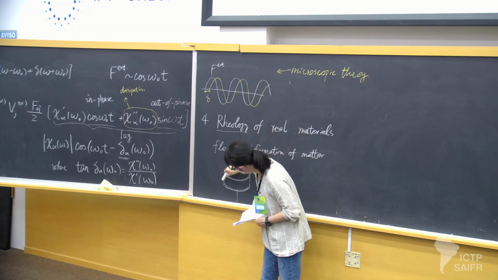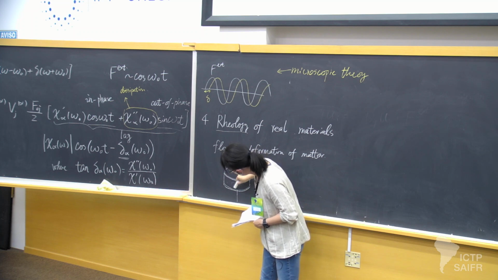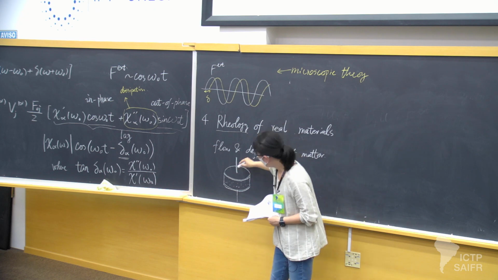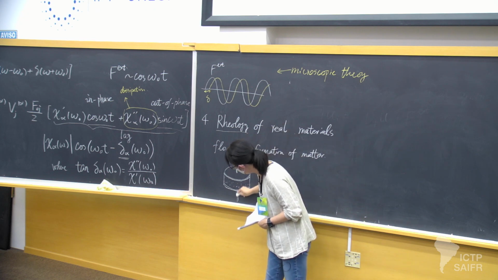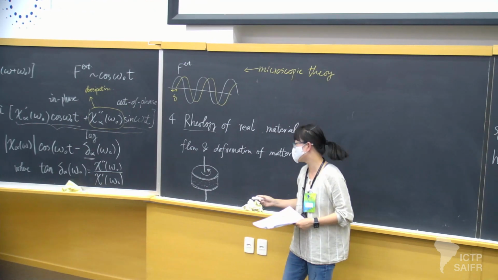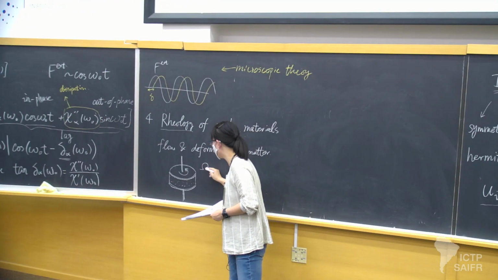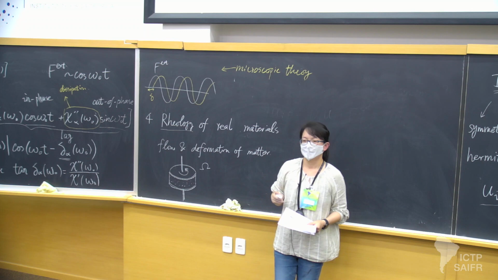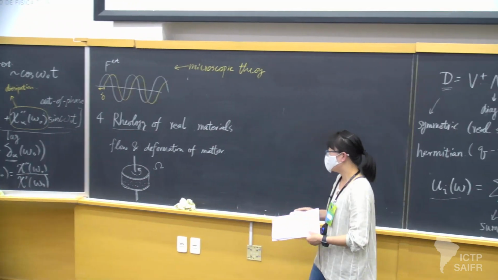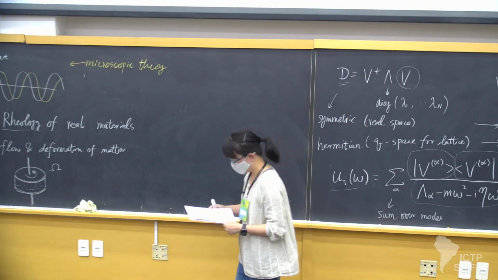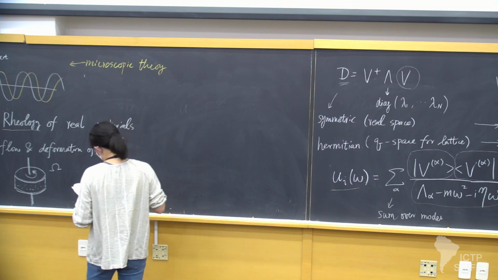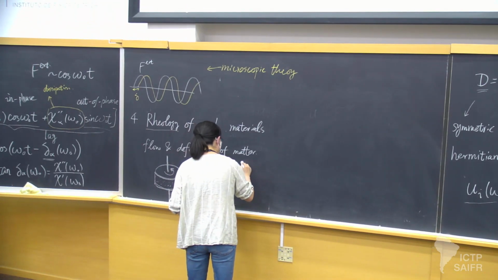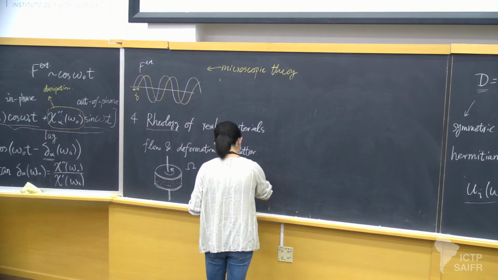And you fill your soft material inside of this cylinder. And then you hold the bottom and try to rotate the top at a certain frequency, say omega. And you see how the system responds. And more particularly, you measure the relation between stress and strain.